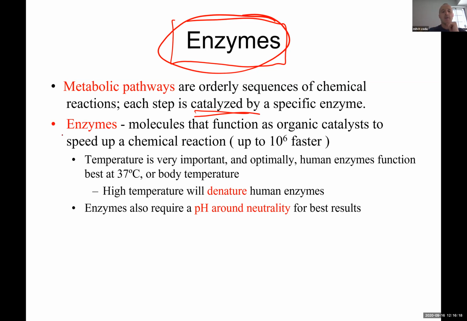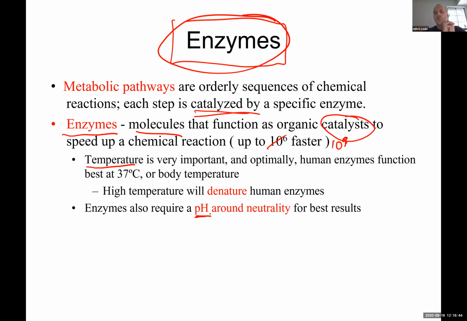Now, enzymes are molecules that function as catalysts by speeding up the chemical reaction. How much? Actually, it's up to 10 to the 9 times, 1 billion times. Now, for enzymes to stay active and to work, they require 2 important things: temperature and pH.